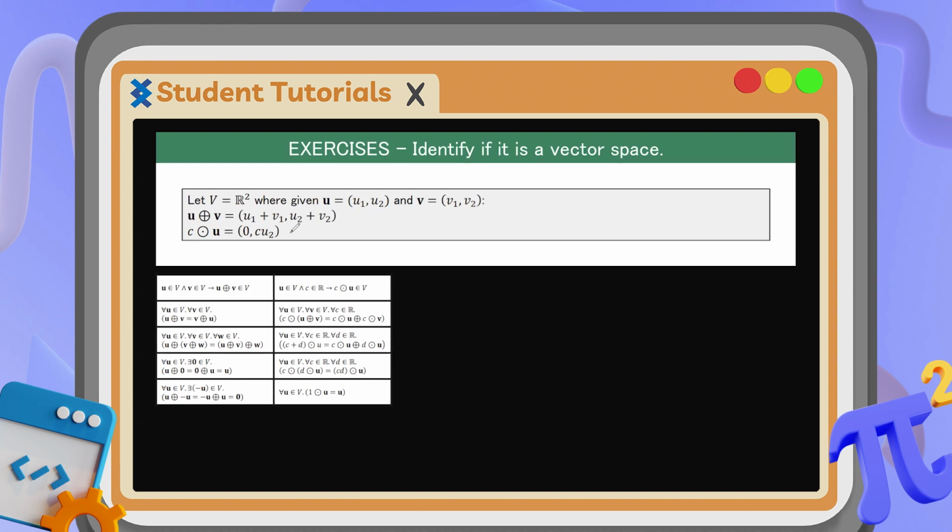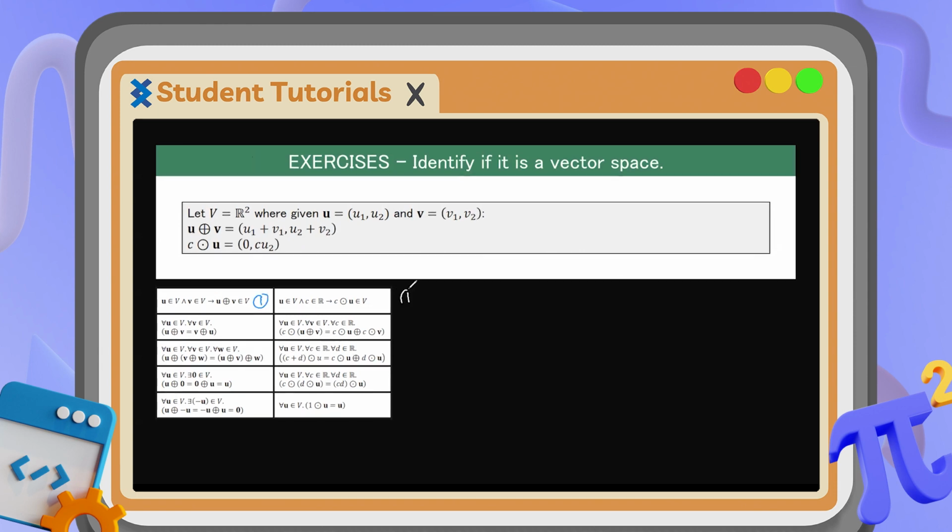So let's try to investigate each and every property of this example. First, we want to investigate the closure property of vector addition.